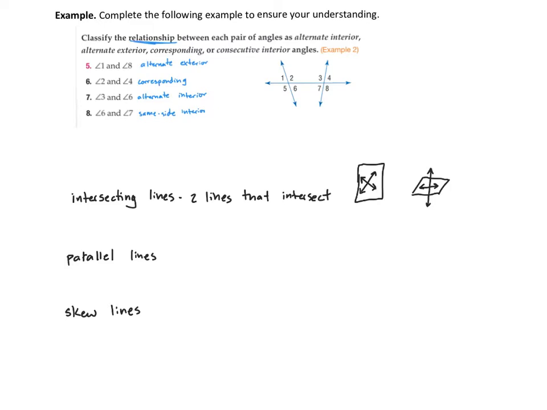Parallel lines, now you all know the middle school definition, hopefully, that parallel lines are two lines that don't intersect. I'm going to add on to that. We have two coplanar lines that don't intersect.